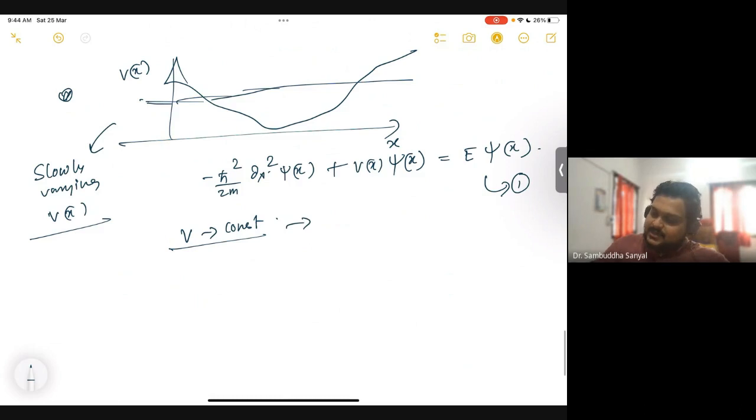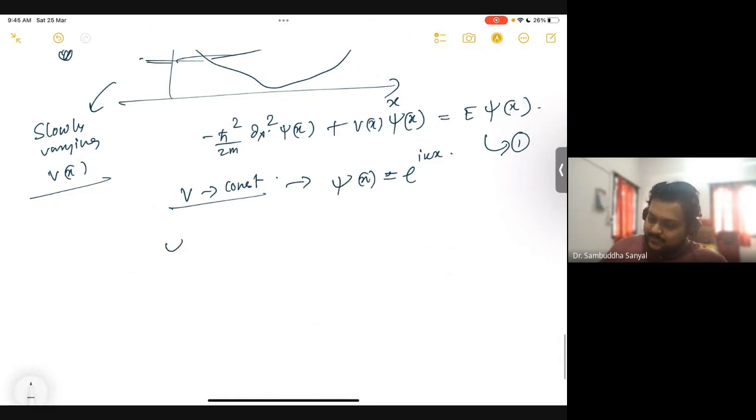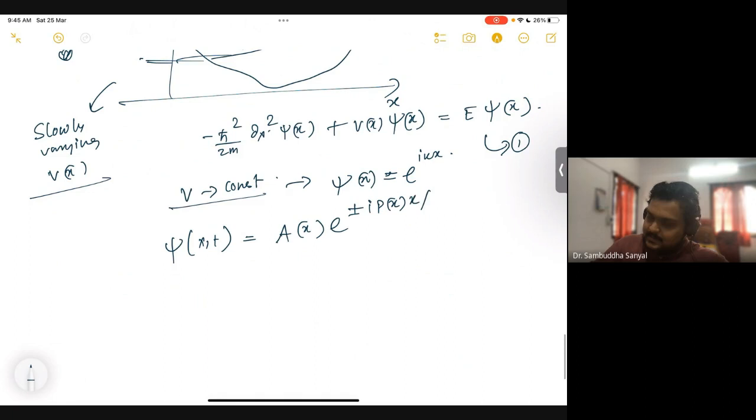Now notice, if V is constant, then the solution is psi of x equal to e to the power ikx, right? Plane wave. But what I'm saying is that if this V of x is so slowly varying, then the solution is still of the form of a plane wave, except now my momentum is also space dependent.